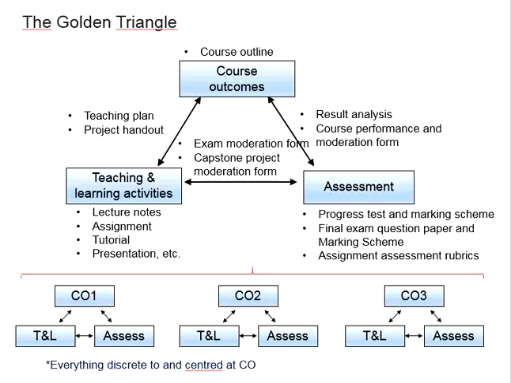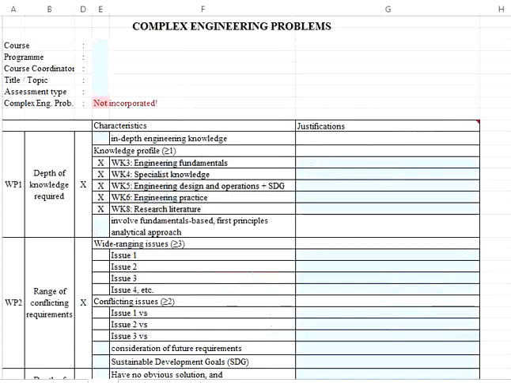Now the next question is, how do you prove that you have the complex engineering problem solving? This brings us to a form for the complex engineering problems to justify that we have those really incorporated within the program. Specifically, within the course, having the course outcome attending to the relevant graduate attribute or program outcome, requiring the complex engineering problem.